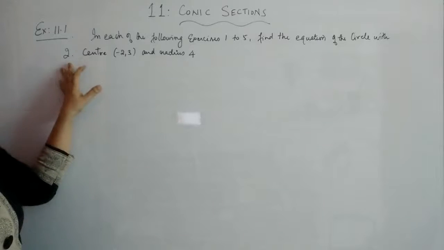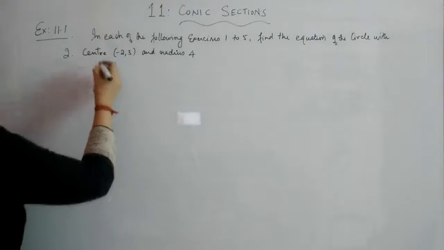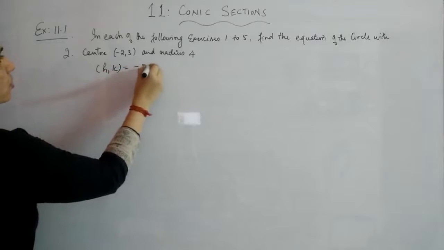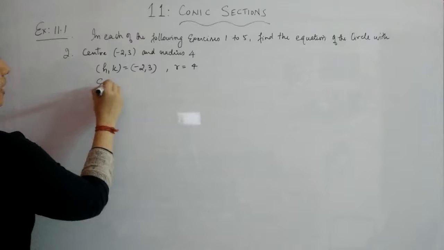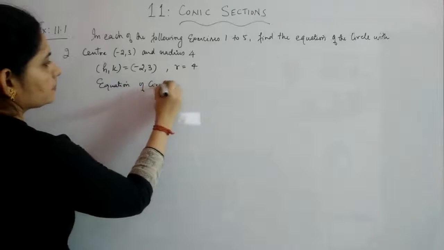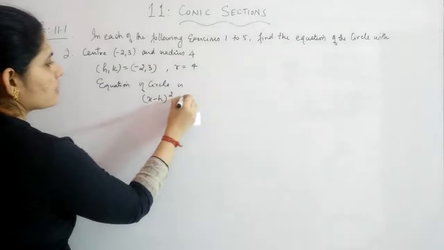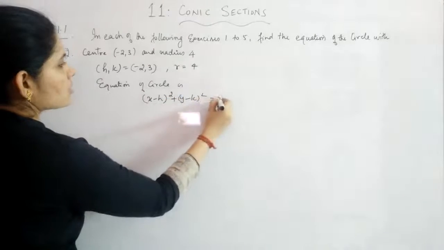Question number 2: you have to find the equation of the circle with center (minus 2, 3) and radius 4. Again here you have h, k as minus 2, 3 and radius r as 4. Starting with the standard equation of the circle, (x minus h) the whole square plus (y minus k) the whole square is equal to r square.